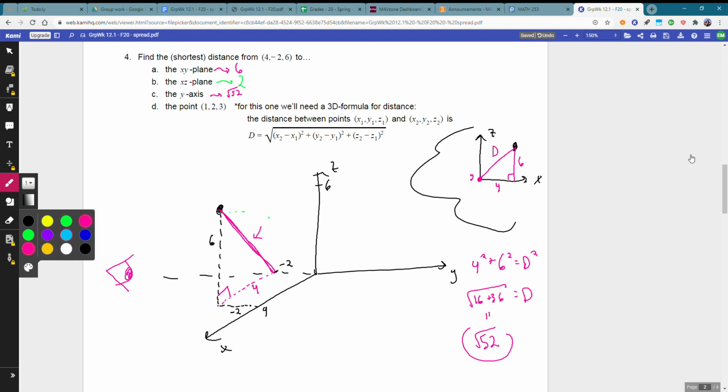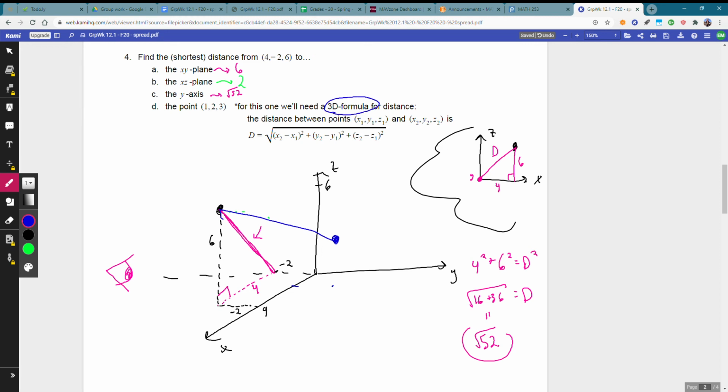Now the distance to the point 1, 2, 3. So that's over at 1, 2, 3-ish. So now we're looking at this distance here. And with this one, something's different than this last situation. We're actually moving from this point to this point. We're going to be changing our x-coordinate, our y-coordinate, and our z-coordinate.